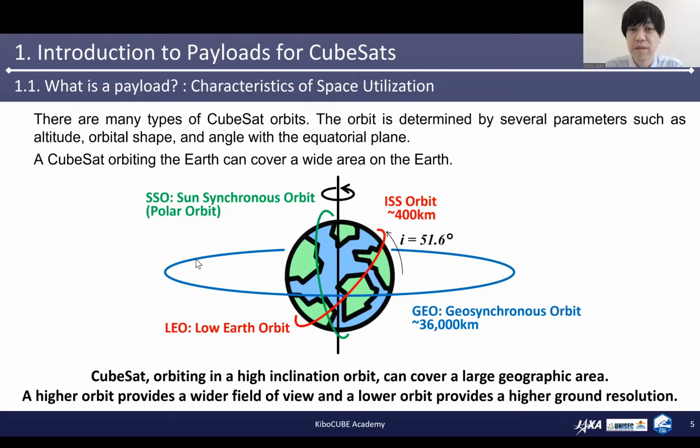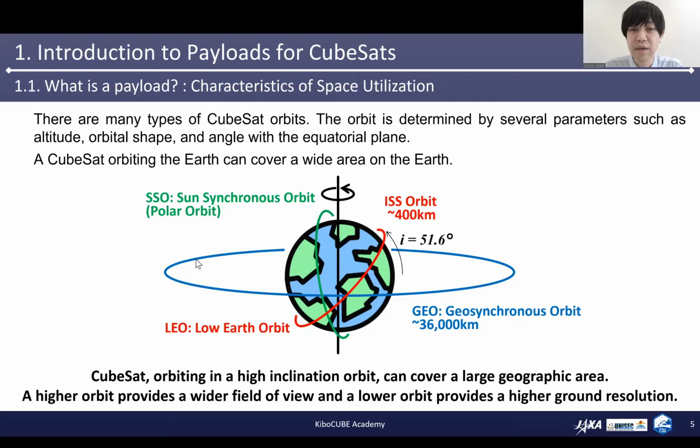The red orbit is the ISS orbit. The orbit is tilted with an inclination angle of about 51.6 degrees. The altitude is about 400 kilometers. Because the orbit altitude is low, the ISS orbit also belongs to low Earth orbit, also known as LEO.